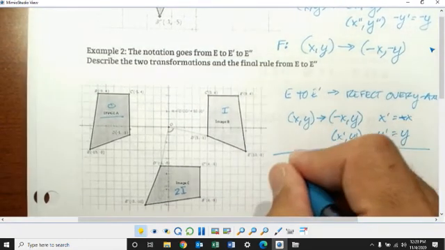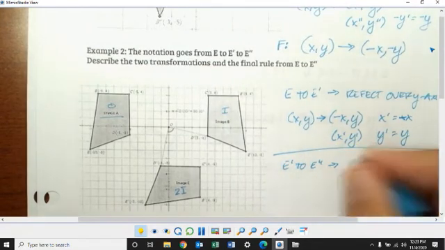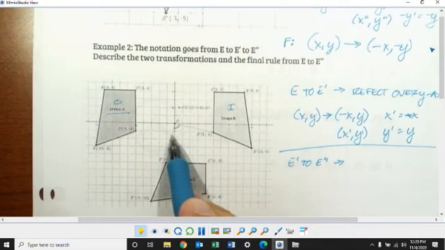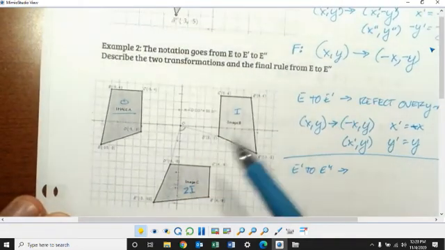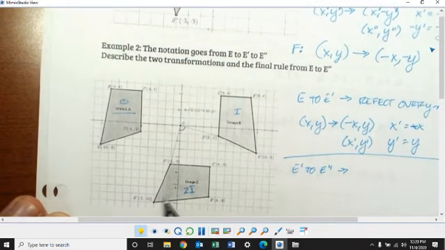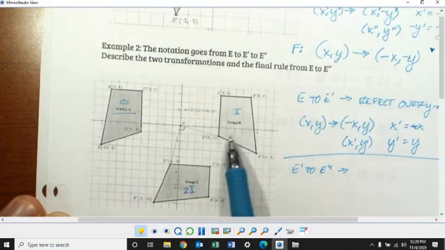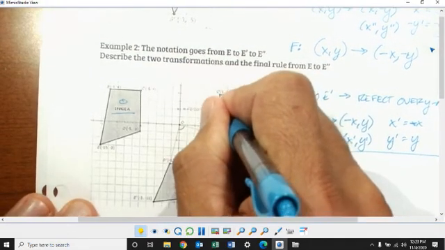Our second rule, from E prime to E double prime, you can see it's got the little arc drawn in for us here, and so this is actually going to be a rotation. You can see this point is here, and it swings down, and now it's pointing in a whole different direction. Remember, our rotations always go counterclockwise.